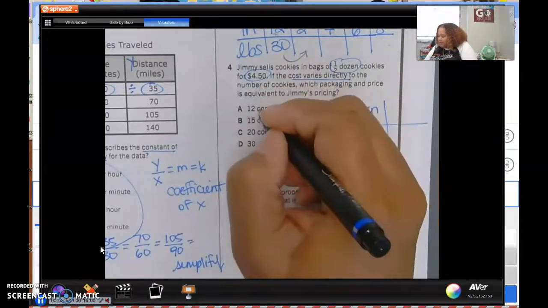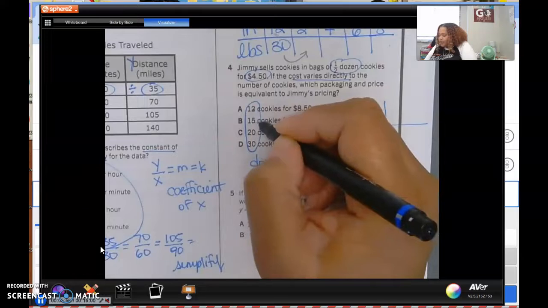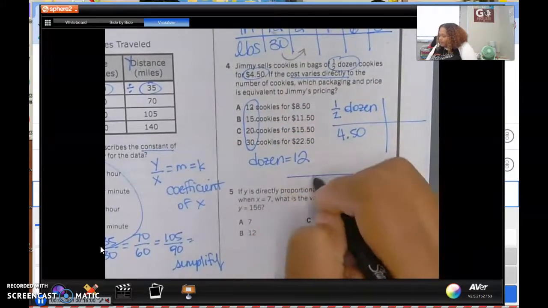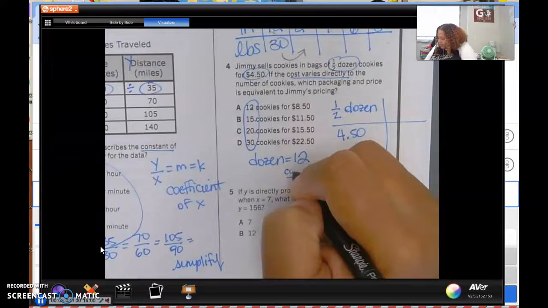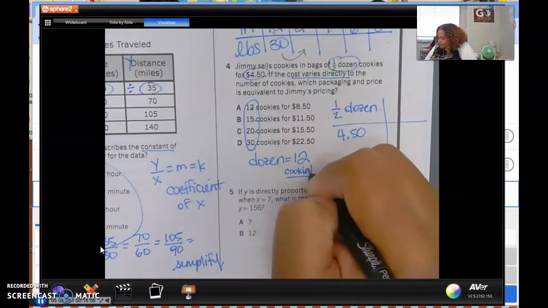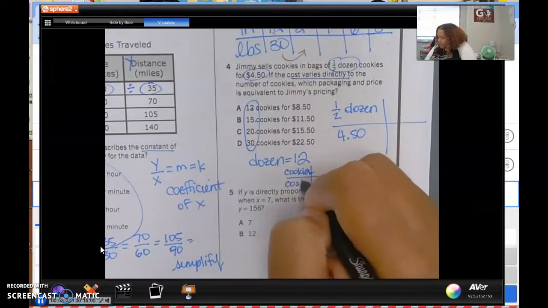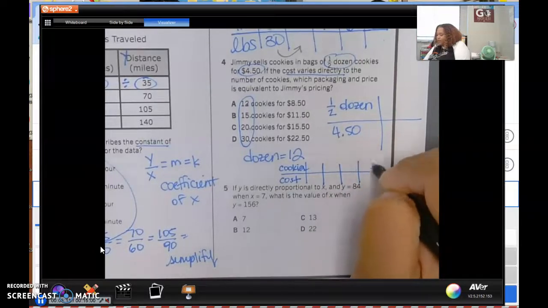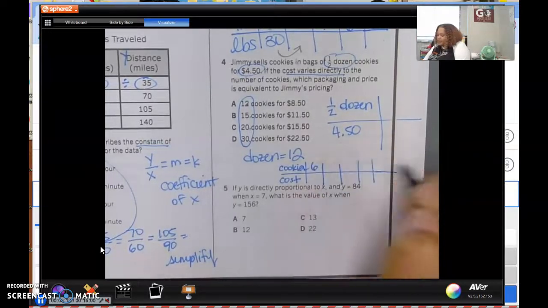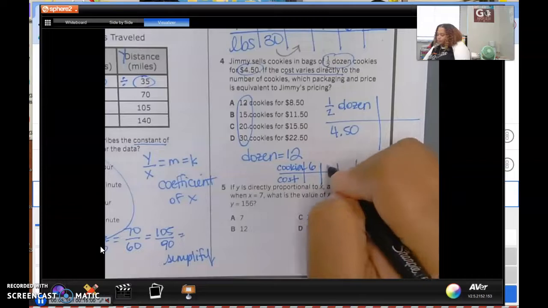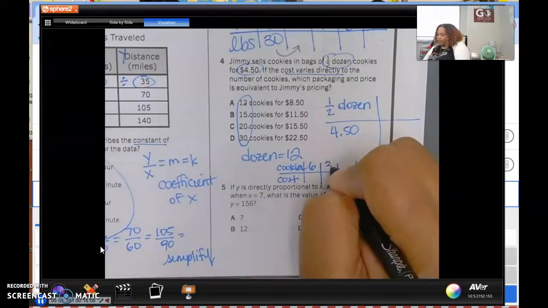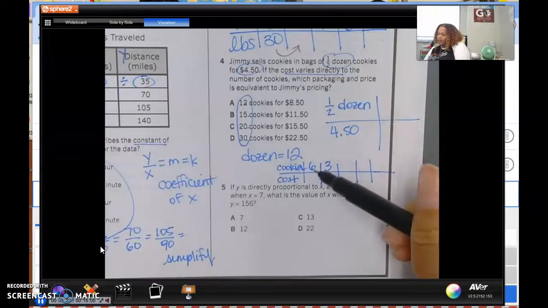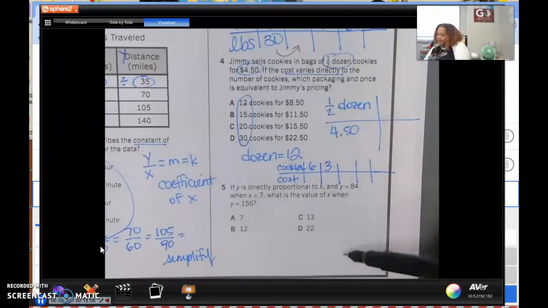So I need to make my own table again. I need 12 cookies, 15, 20, and 30. Come down here, make a table. I've got cookies. I got cost. Half a dozen is half of 12, which is 6. I like to make it a rule of thumb and make a ratio table and get 3 cookies so I know what half of 6 is and half of that.